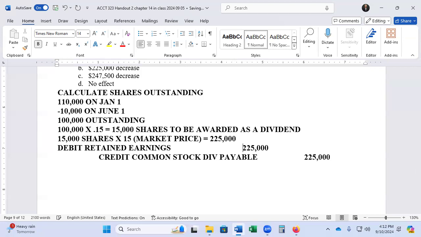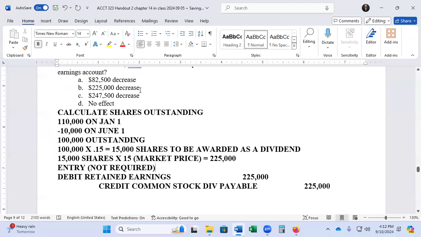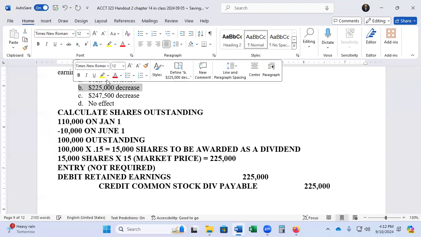Again, this didn't ask for this, but just to illustrate what happens to the retained earnings: when you debit retained earnings, it decreases retained earnings by 225,000.